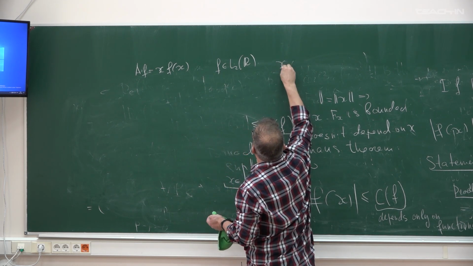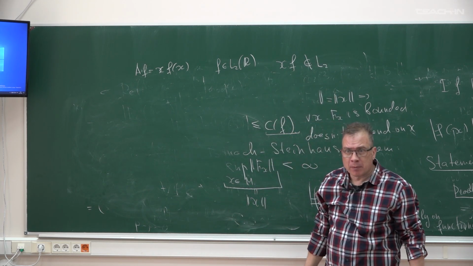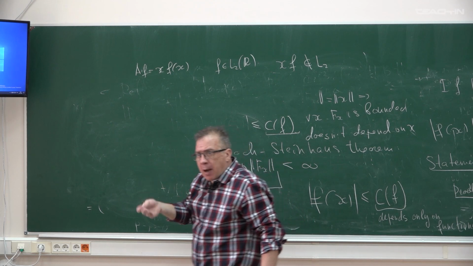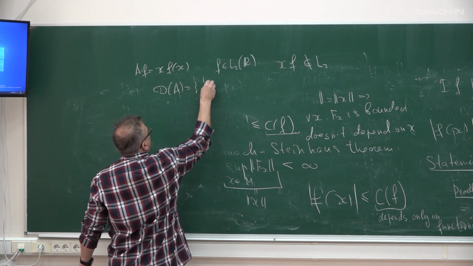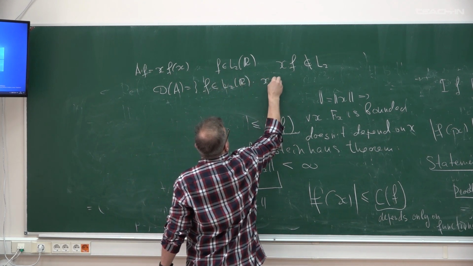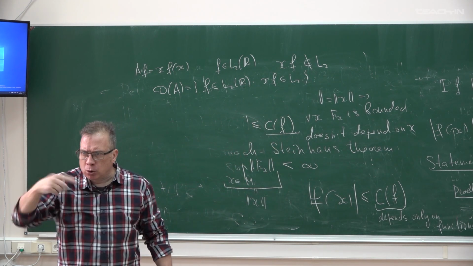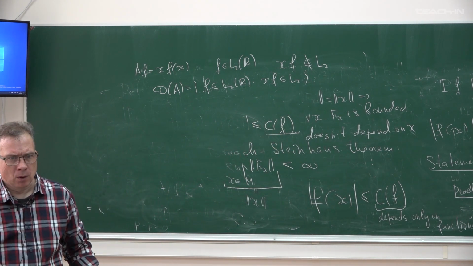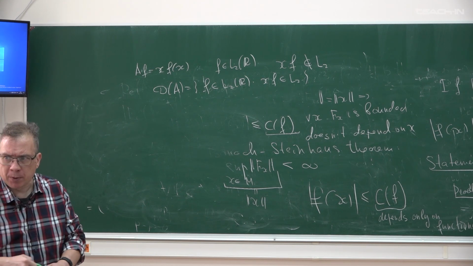But xf possibly does not belong to L2. So you must describe the domain of the operator. The domain of operator A is such functions f from L2 such that xf belongs to L2, if you want to consider this operator from L2 to L2. And it is a typical situation for an unbounded operator.